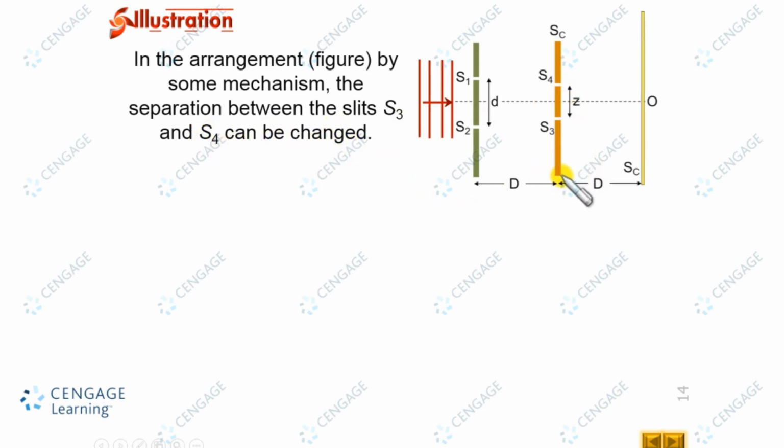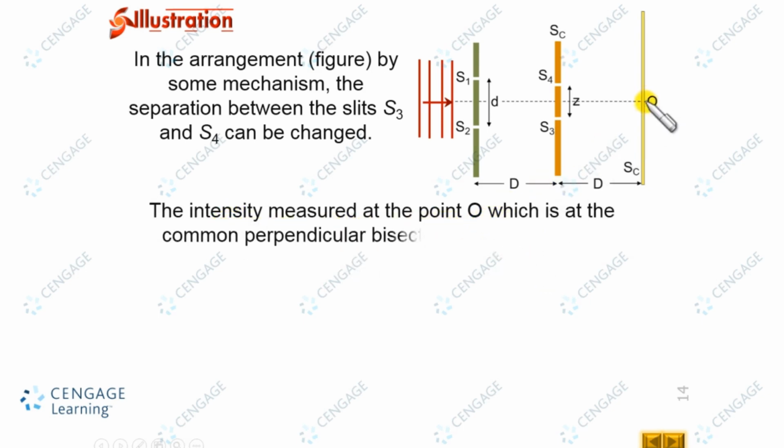And you can observe here further, there is one more screen at a distance capital D from the middle screen. The intensity is measured at point O, which is on the common perpendicular bisector of S1, S2 and S3, S4. That means this point O is the center of the screen.